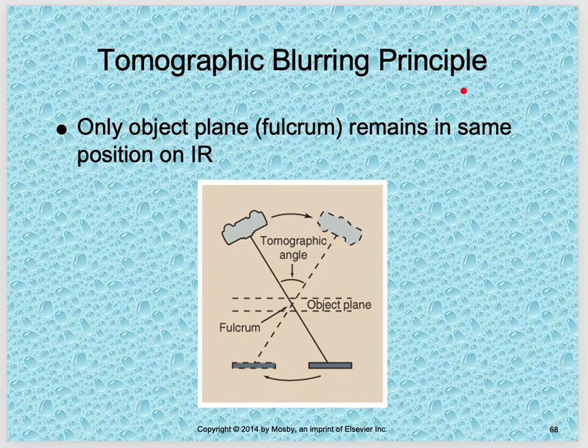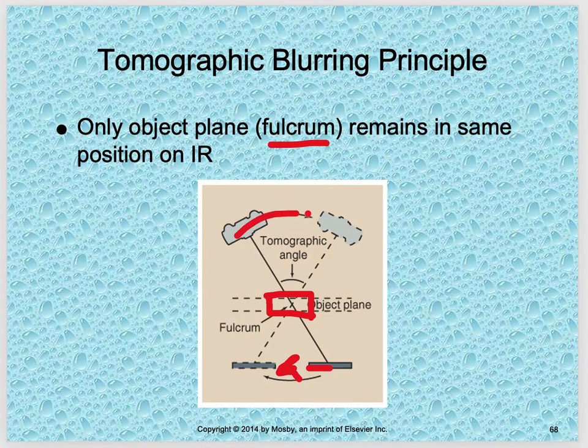So tomographic blurring principle: only the object plane and the fulcrum remain in the same position on the image receptor. So that's why, say this kidney is right here, as this arcs, it stays right here in this spot as your bucky tray moves back and forth, or from this side to this side.